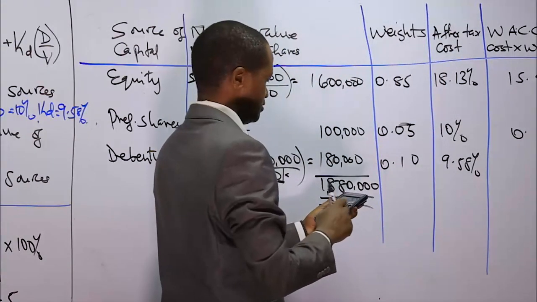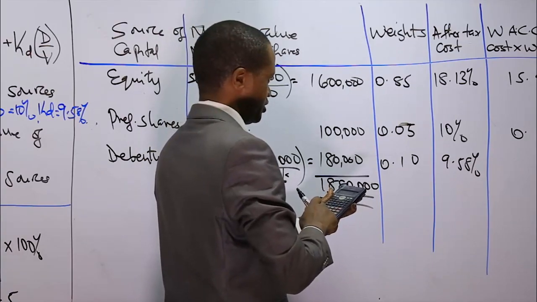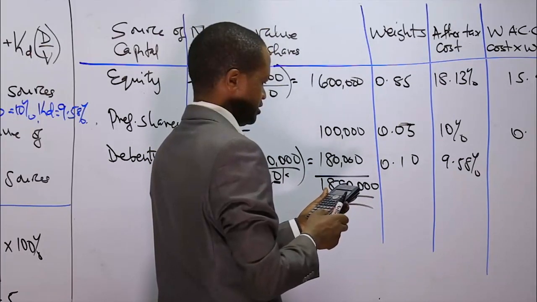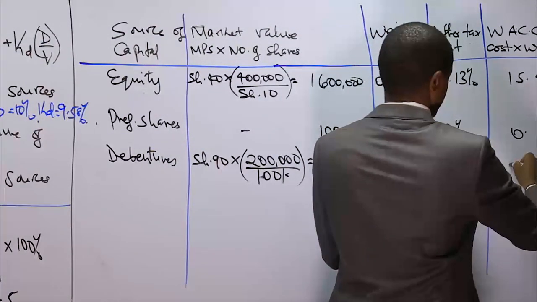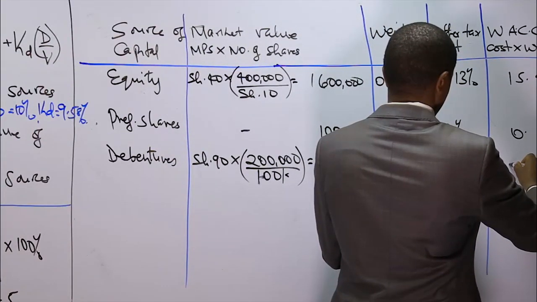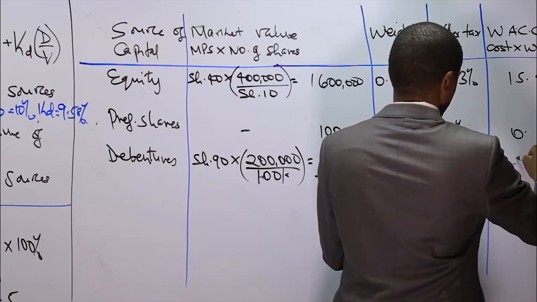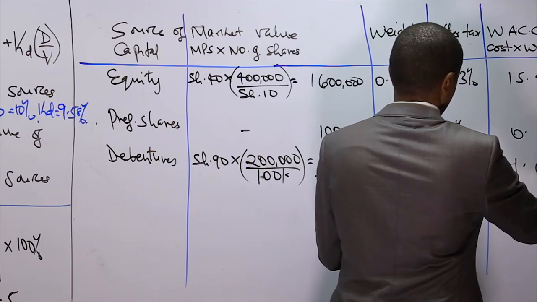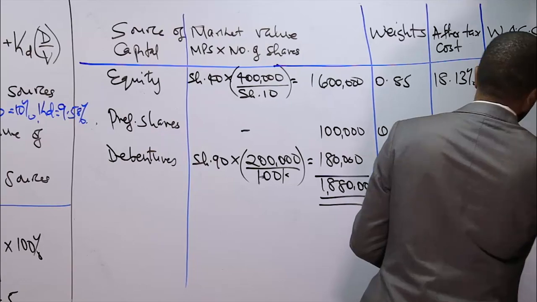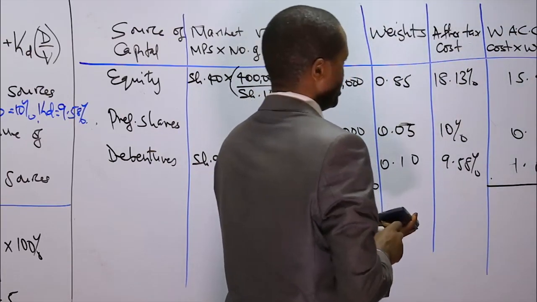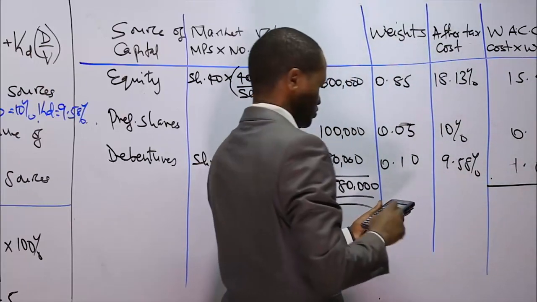Then lastly, 0.1 times 9.58. This is 0.958, which is equivalent to 1.0. So we can now aggregate to arrive at our WACC. Aggregate, get the total.